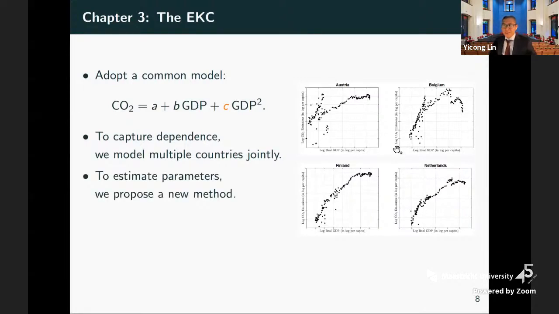Then we propose a new method to estimate the unknown parameters. And to study the EKC, we propose tests to see if the parameter C equals 0 or not. Because if C is 0, then there's no U-shaped relation between carbon dioxide emission and GDP.